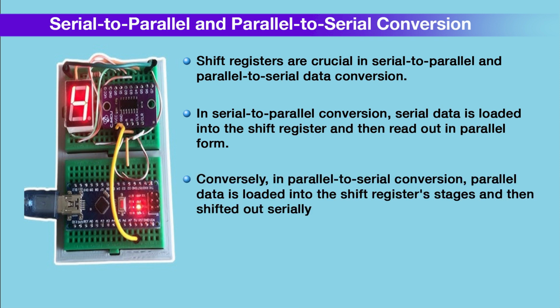Conversely, in parallel to serial conversion, parallel data is loaded into the shift register stages and then shifted out serially. This ability to convert data format is vital in communication interfaces like SPI, which stands for Serial Peripheral Interface, and I2C, Inter-Integrated Circuit.